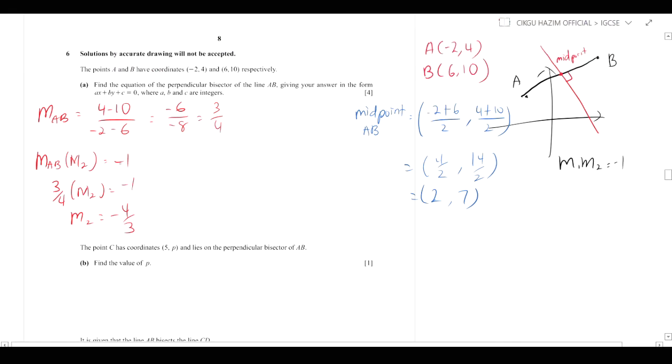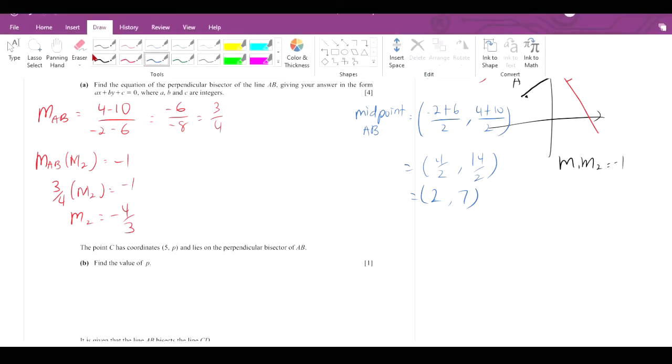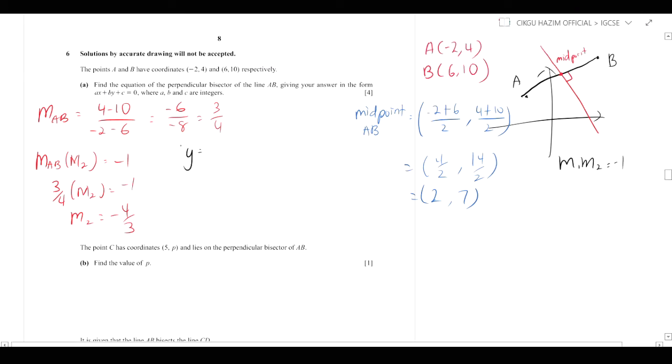So that's clear. Right now we just write it in the form y equals mx plus c and rewrite into ax plus by plus c. That means for the perpendicular bisector here, y equal to negative 4 over 3 x plus c. And it passes through the midpoint. Substitute this midpoint: 7 equal to negative 4 over 3 multiplied by 2 plus c. 7 equal to negative 8 over 3 plus c. c equal to 7 plus 8 over 3, so 29 over 3.